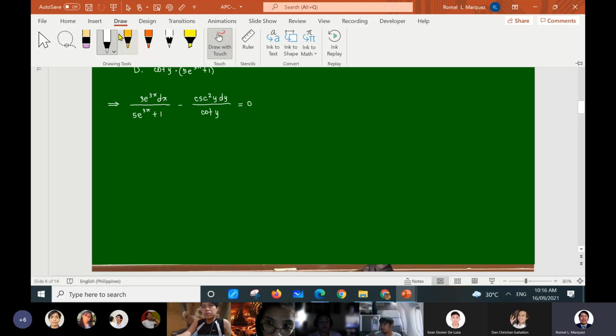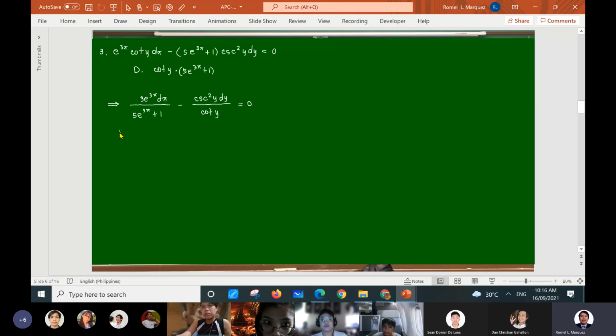Oh, have we separated the variables? Yes, no? So we now get the general solution. How do we get the general solution? If we have already separated the variables, all we have to do is to integrate each side.